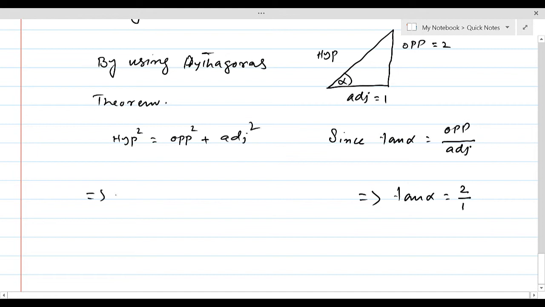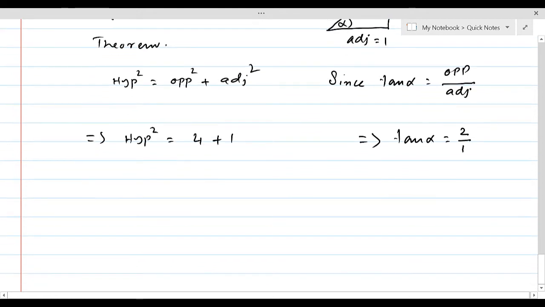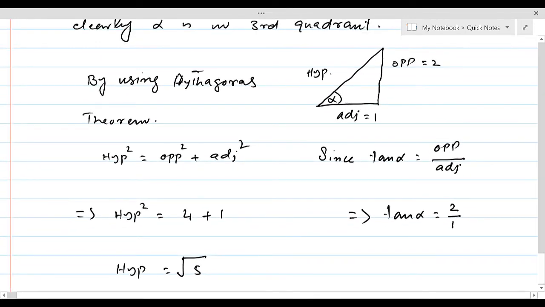This means hypotenuse square is equal to 4 plus 1, or in other words, hypotenuse is equal to square root 5.